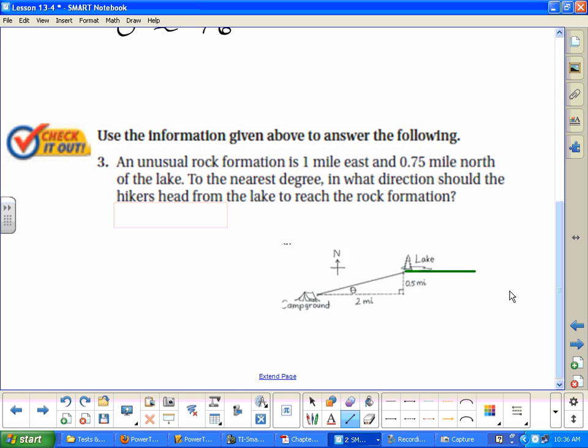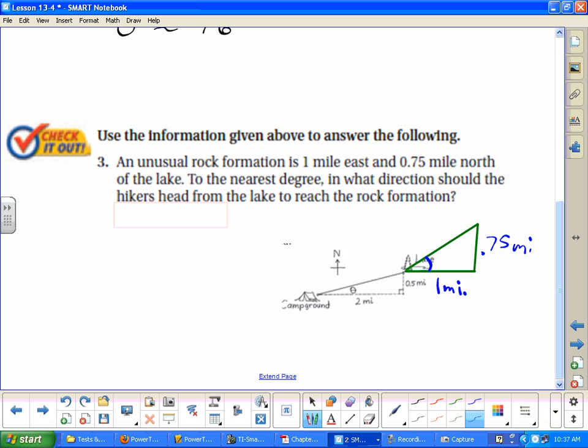And then we're going 0.75 miles north, up here. And in what direction should the hikers head from the lake to reach that rock formation? So we're going to go to here then. So we've got 1 mile here, 0.75 miles here, and we want to find that angle.